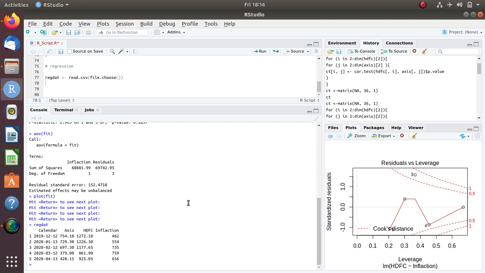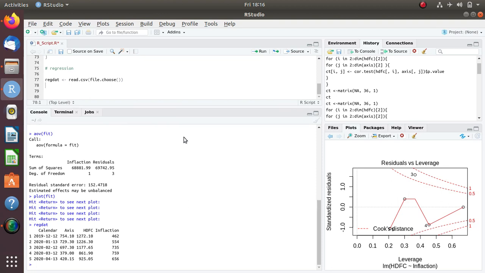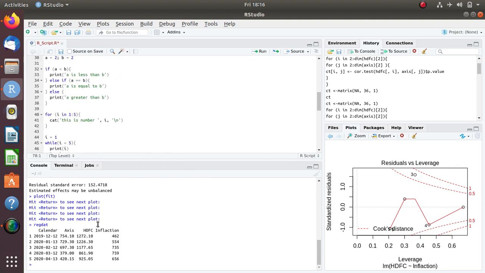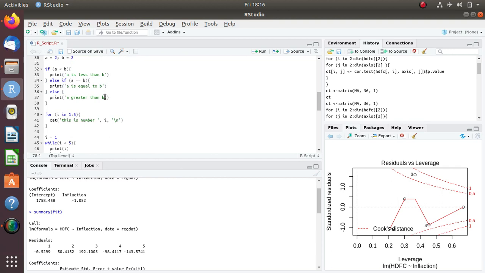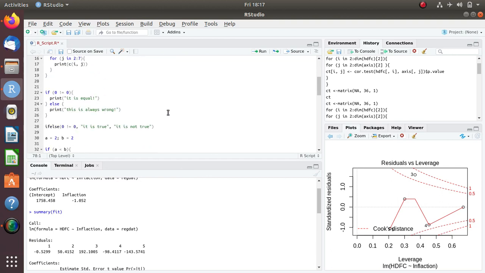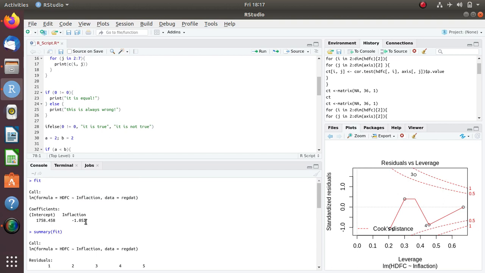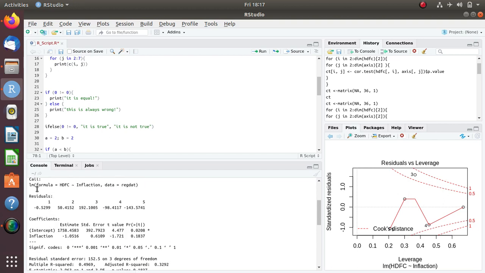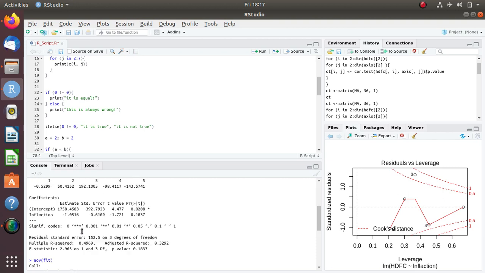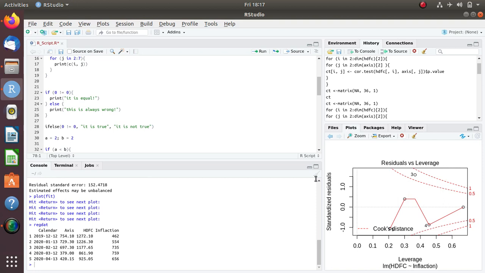I explained how to perform simple linear regression on a dataset in which we have very few data records, only 5 months of data, and I explained how to interpret the regression outputs. Okay, that is for this video demonstration.